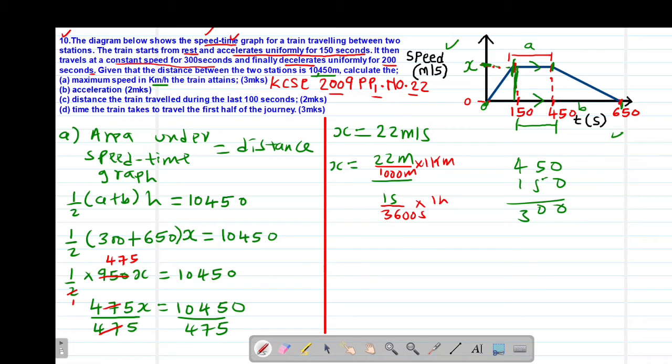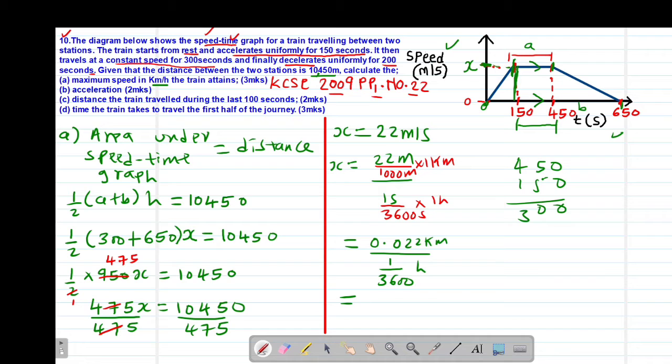So this is going to give me 22 divided by 1,000, you're going to get 0.022 kilometers. Then divided by, if I take 1 divided by 3,600, it will just be 1 over 3,600 hours.